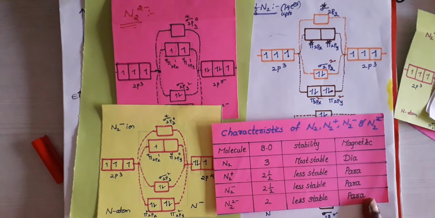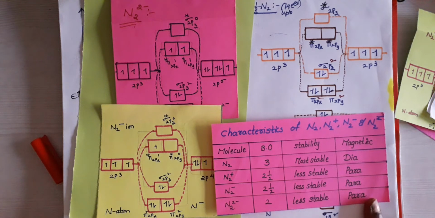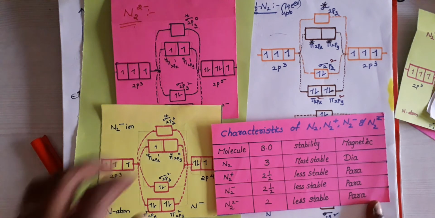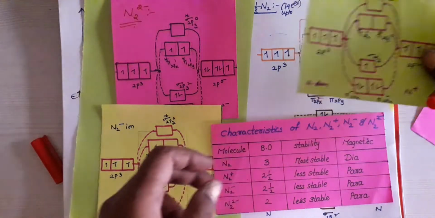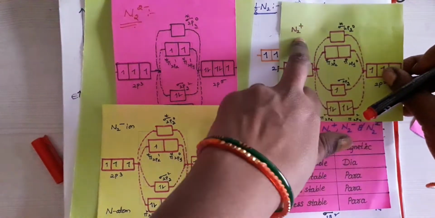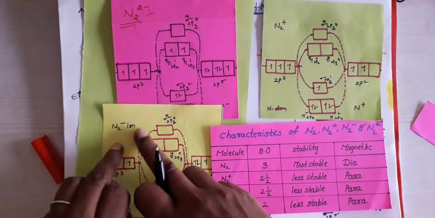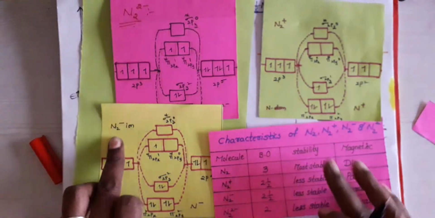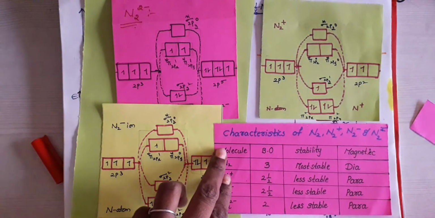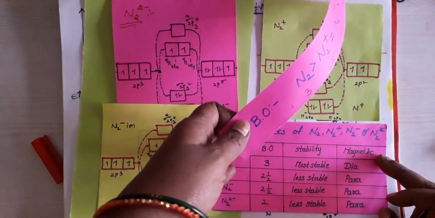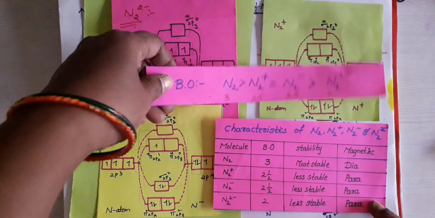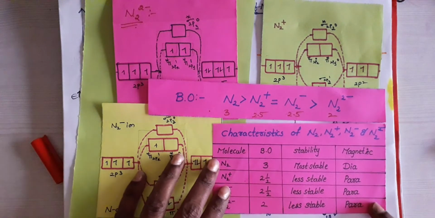So this is about the molecular orbital diagrams of nitrogen and the nitrogen ions N2 plus, N2 minus and N2 2 minus. According to that, this is the stability order, these are the magnetic properties, and this is the bond order.